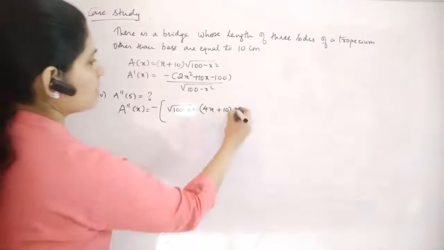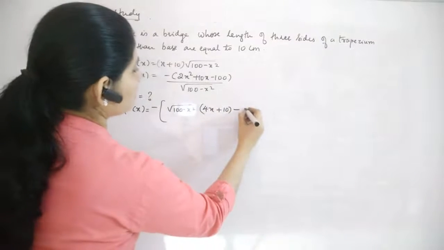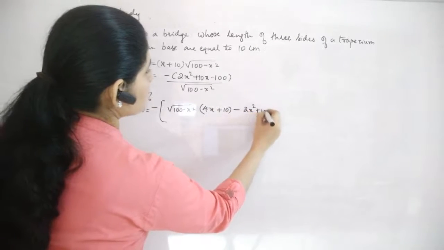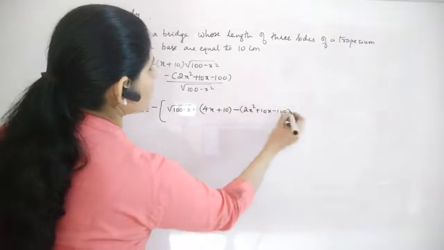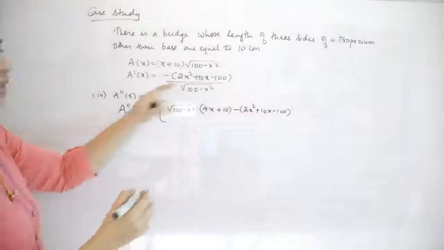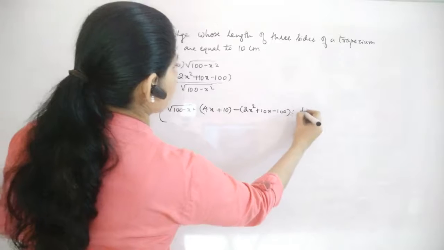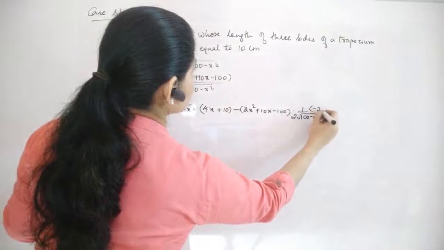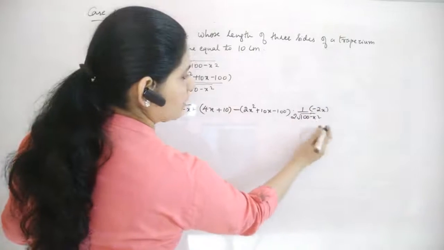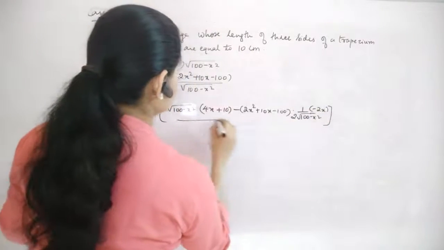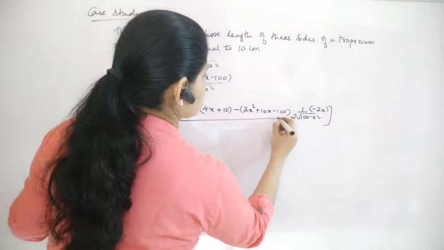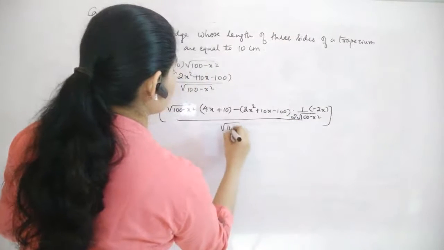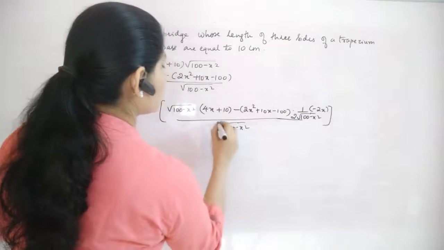So 4x + 10, minus (2x² + 10x − 100) into the derivative of the denominator, which will give you 1/(2√(100 − x²)) into −2x, the derivative of 100 − x², the whole divided by (√(100 − x²)) whole squared.